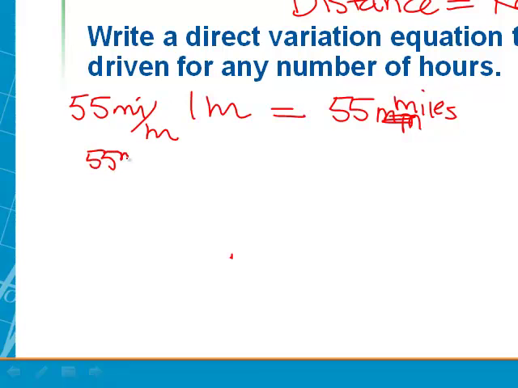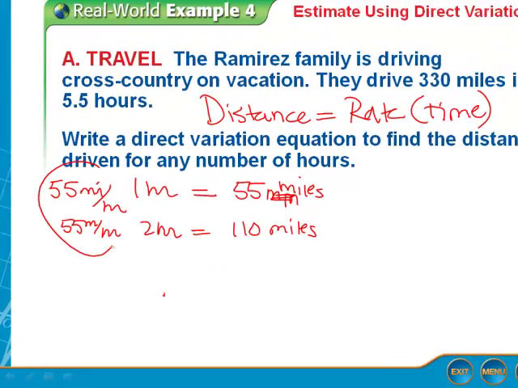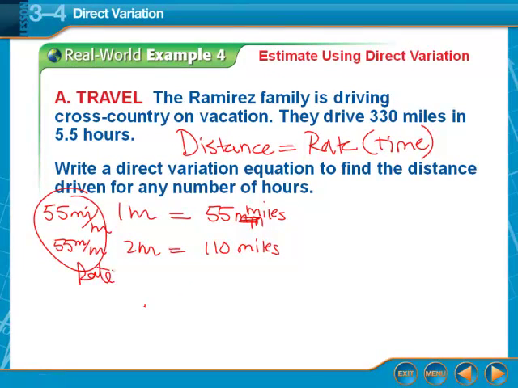If you travel 55 miles per hour for 2 hours, I think you know that's 110 miles. The relationship is there. This right here is my rate. This right here is my time. This right here is my distance. This formula is used through multiple math classes.